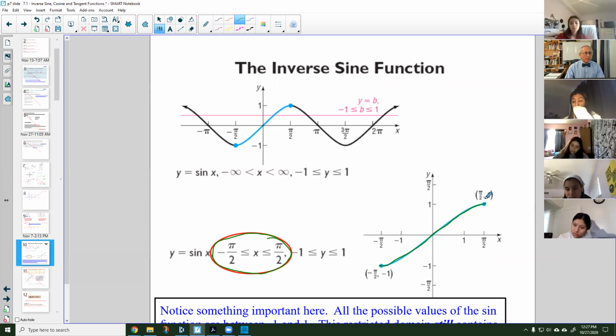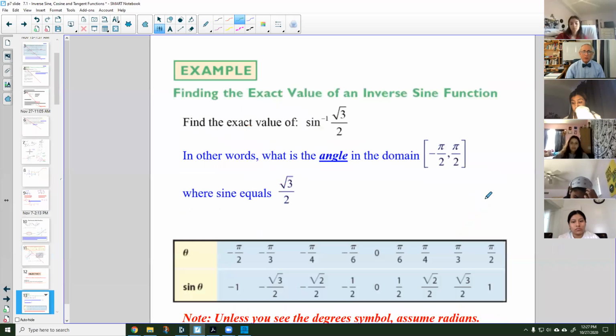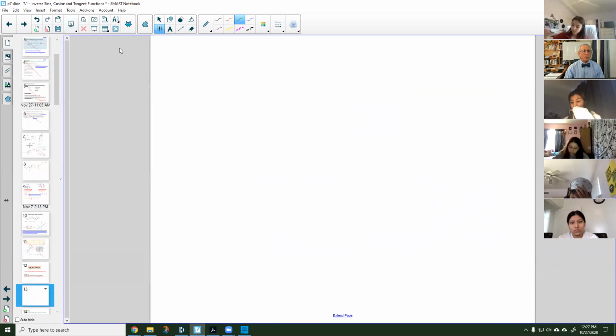So let's use an example here. We're going to find the exact value of an inverse sine function. We're going to use sine minus 1 of radical 3 over 2. Let's do that on a separate blank page without all that other stuff there.